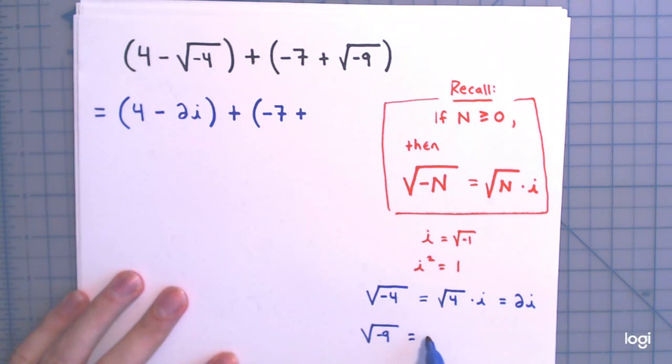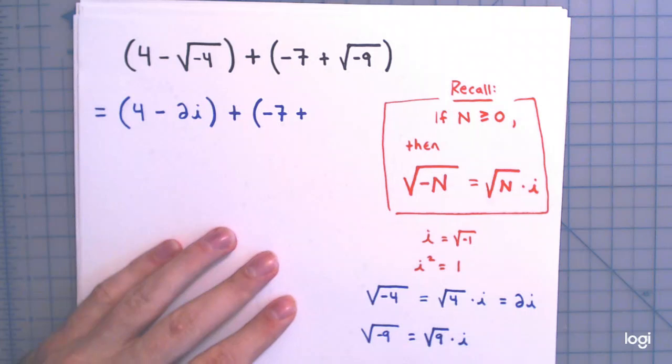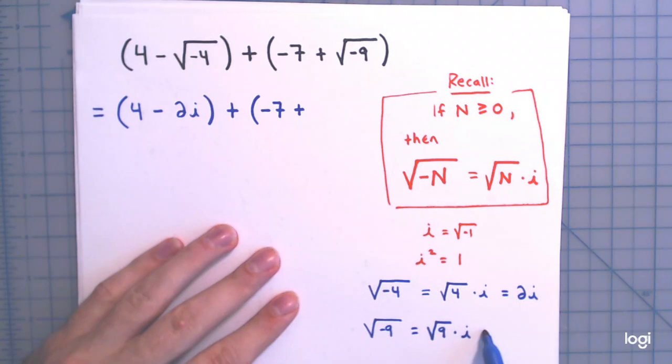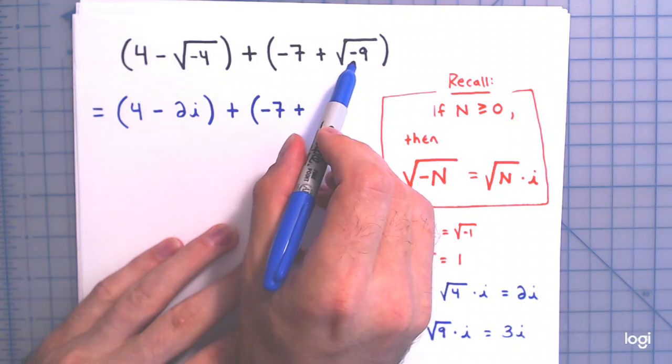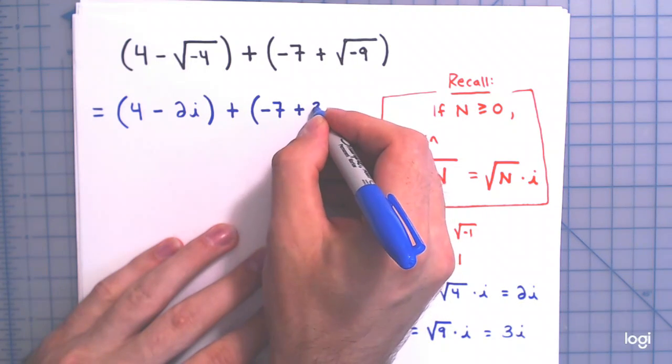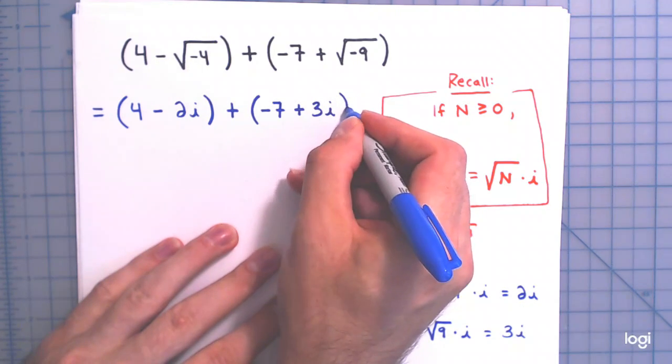The square root of -9, I'm going to rewrite as the square root of 9, a real number, times i, the square root of -1. This is a pure imaginary, but we can simplify the square root of 9. The principal square root of 9 is 3, and we have 3 times i. So instead of the square root of -9 there, I'm writing 3i.